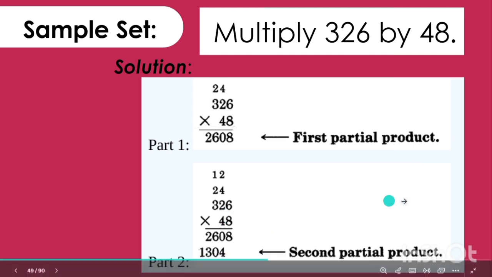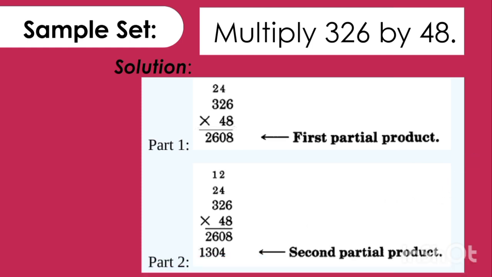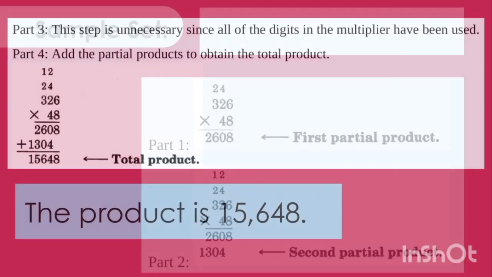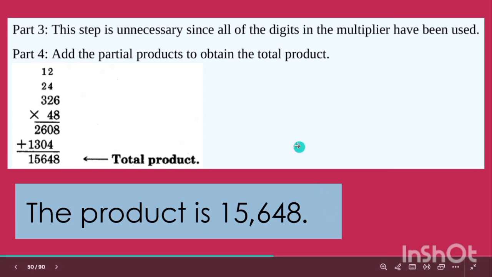So that is the second partial product in your solution for 326 times 48. It's only the second partial product, so it's not the answer yet. For the total product, you will add the first partial product and the second partial product. 2,608 and 1,304, so you will have 15,648.